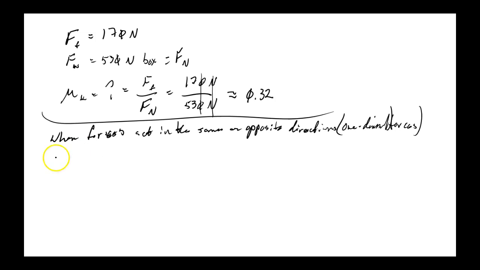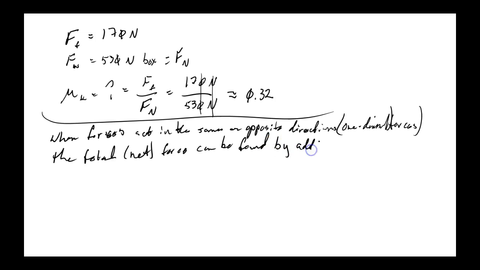The total, or sometimes called net force, can be found by adding the forces if they're in the same direction, or subtracting the forces if in opposite direction.